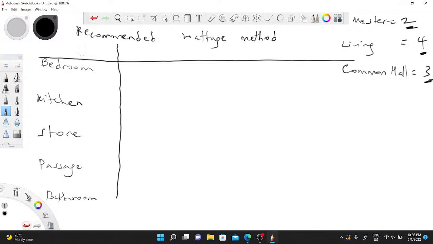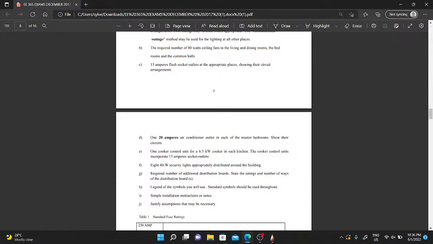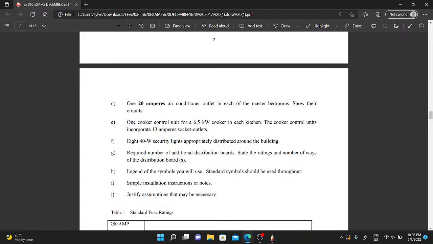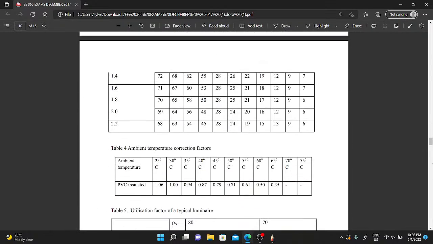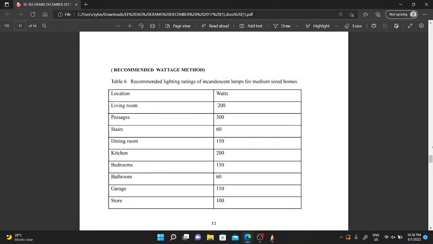So this is the location in house. Now let's go to the table. The recommended wattage is given by Table 6. Please refer to the table and check that the values I'm writing are correct.